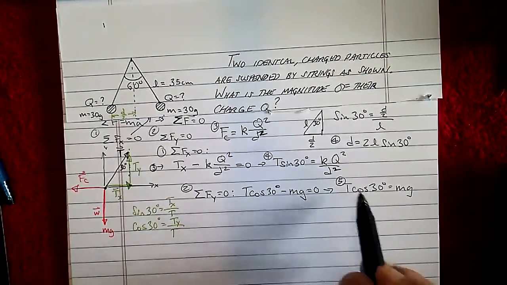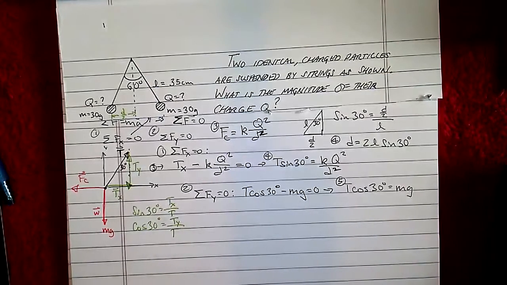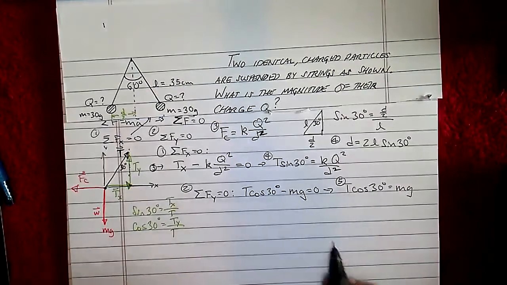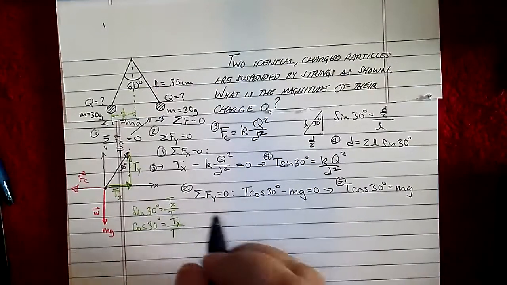And the trick, this is the trick that I told you, if you miss it, you might waste a lot of time. This is a case where you want to divide equation 4 by equation 5.